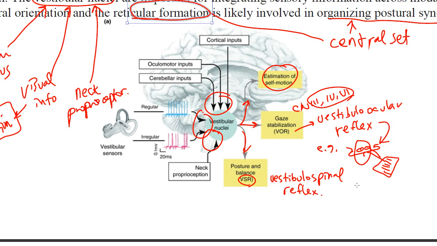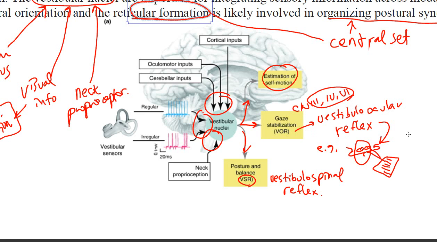It stabilizes the gaze because what this information gives to the cranial nerves 3, 4 and 6 is how to counteract the head motion. So it's like the algorithm that you can find in the digital camera these days to counteract the shaky hands, to produce a stable image.